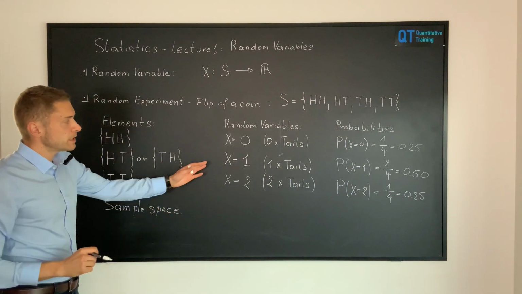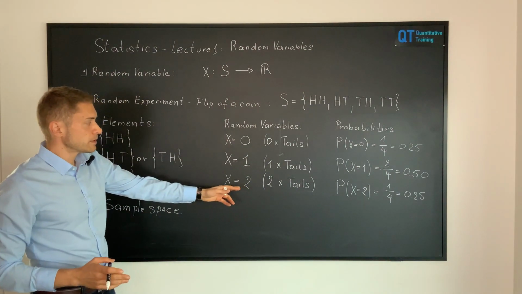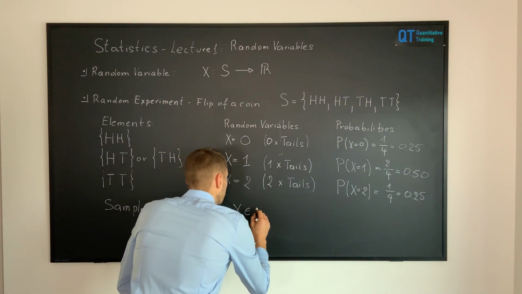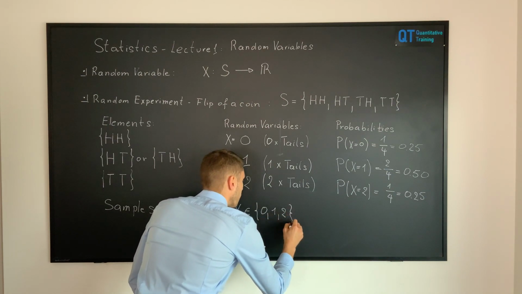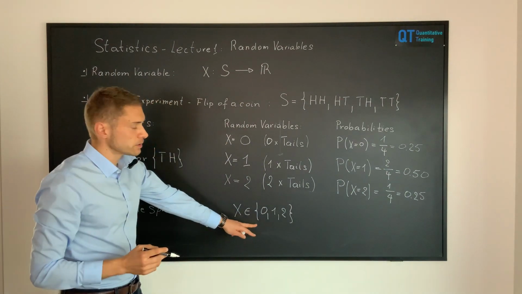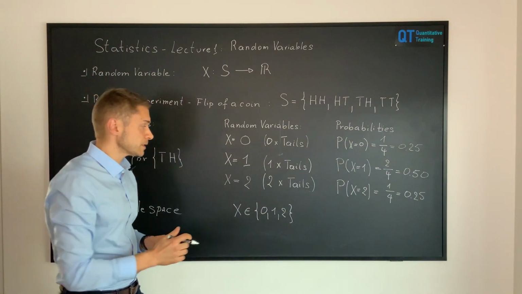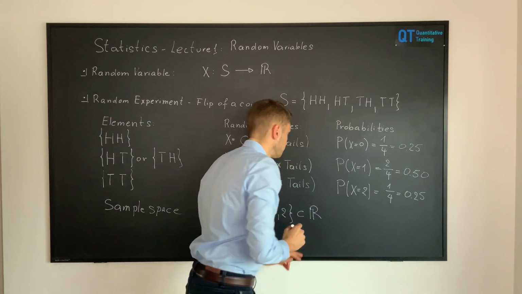We see that our random variable is contained within 0 and 2, so x belongs to the subset going from 0 to 1 to 2, and this subset is, of course, contained within the set of all real numbers. So in mathematical notation, we have this.